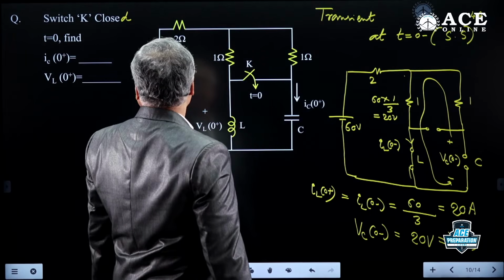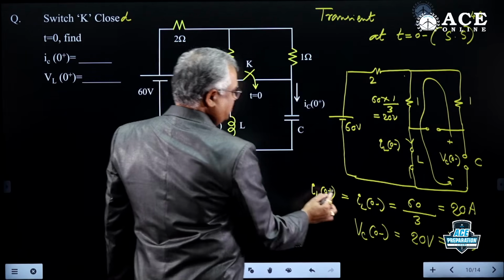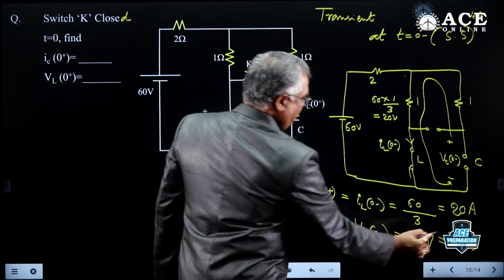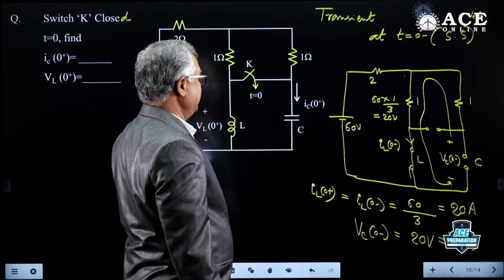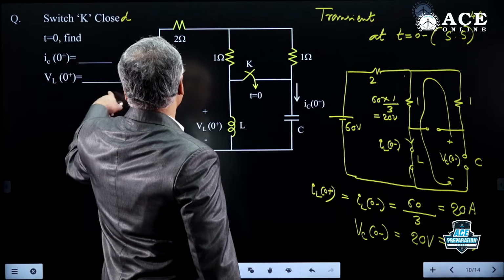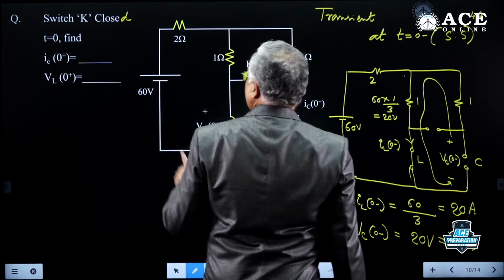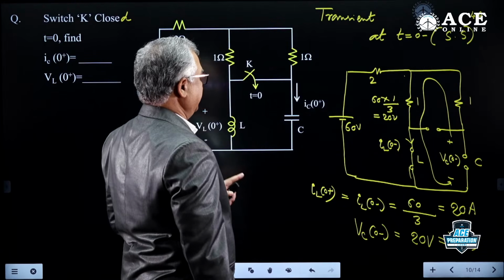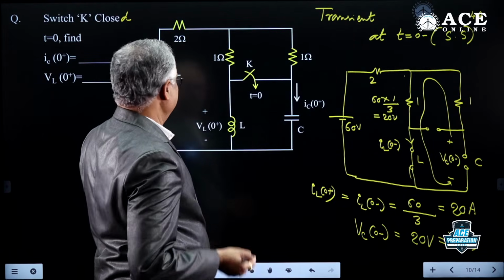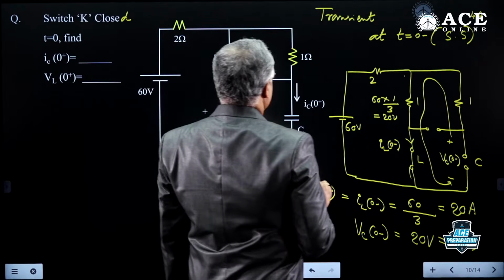What is the question? The question is not IL(0+) and VC(0+). If they ask this, that is an easy question. But the question is IC(0+) and VL(0+). So to answer that, we have to draw the equivalent circuit again at 0 plus.